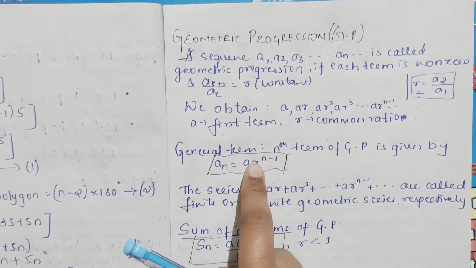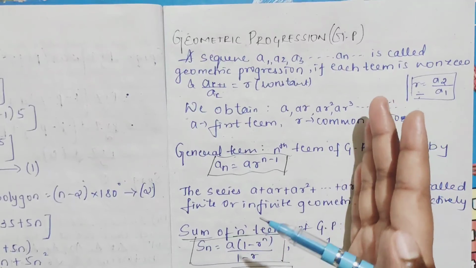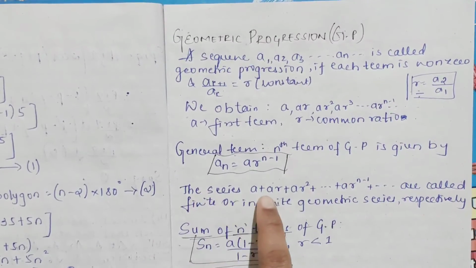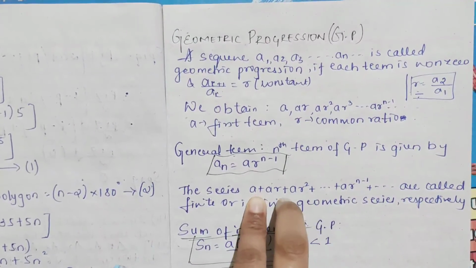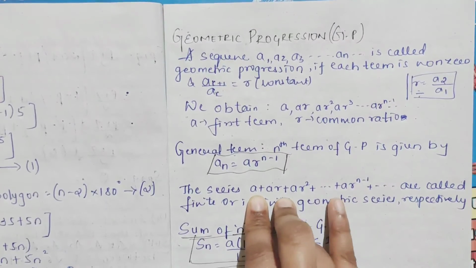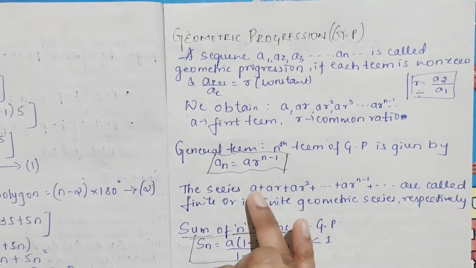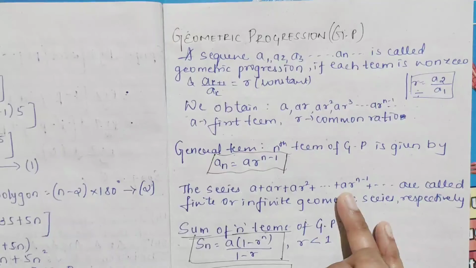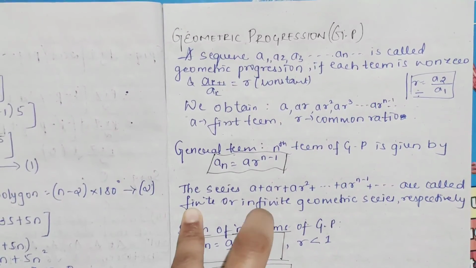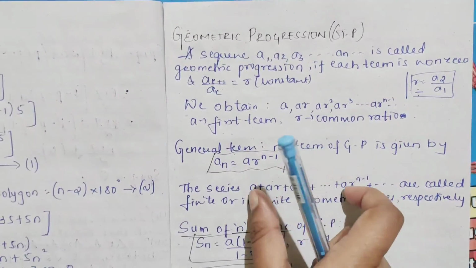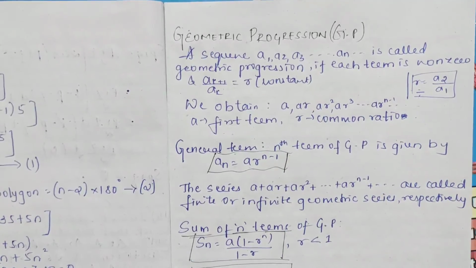The sequence can be finite or infinite. Now, the series, how will it be? Your adding operation, that is addition, right? a plus ar plus ar square, so on up to ar to the n minus 1. It is called a finite or infinite geometric series depending on the sequence.